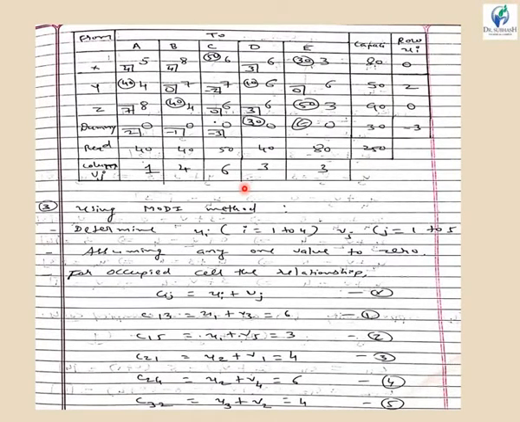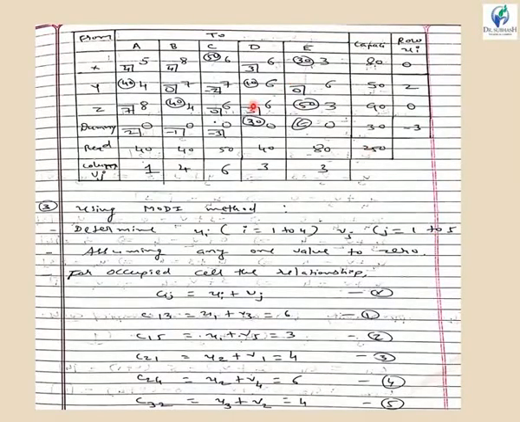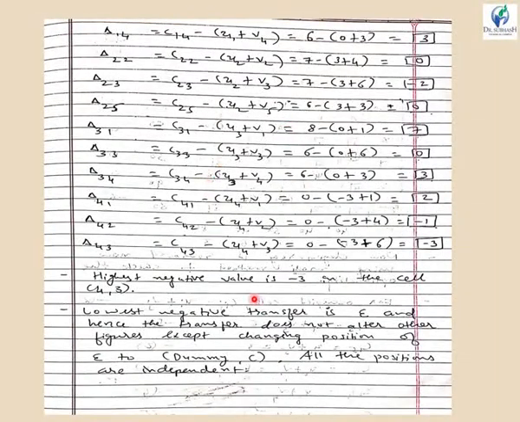We will first have to obtain all values either positive or 0, but here we have opportunity costs of minus 2, minus 1 and minus 3. So now we will have to draw the loop. The highest negative value among minus 1, minus 2 and minus 3 is in cell 4-3.